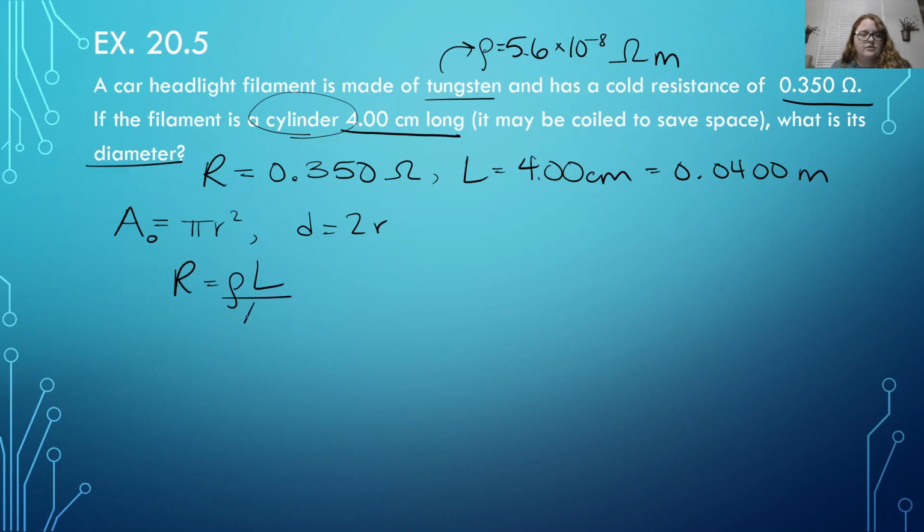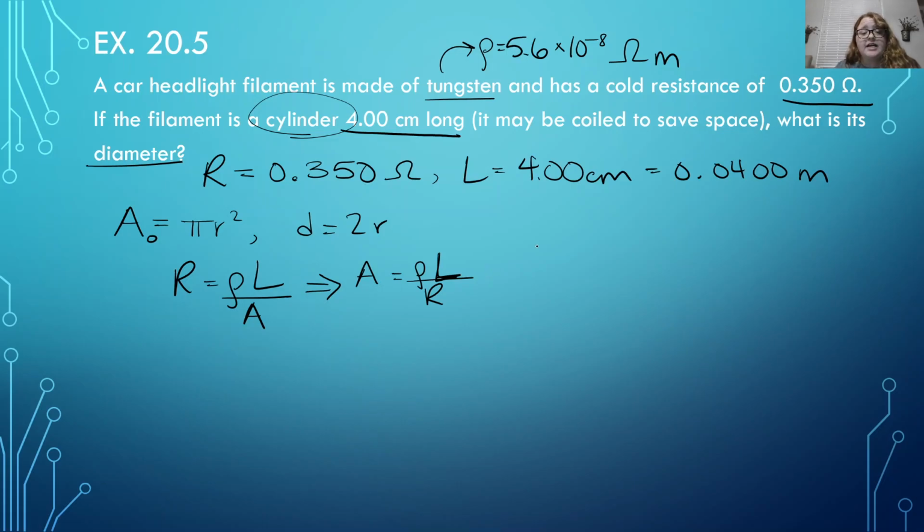L over area. So we'll have A, because that is where our diameter is within the area. It's equal to rho L over our resistance.